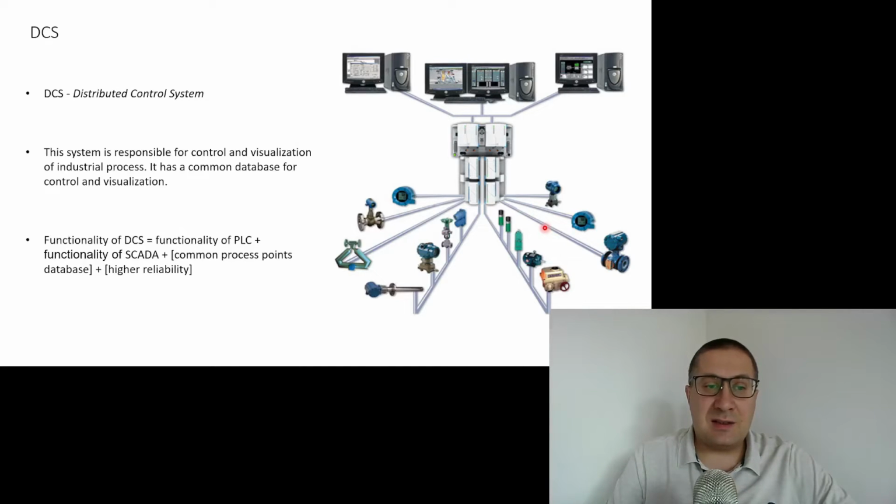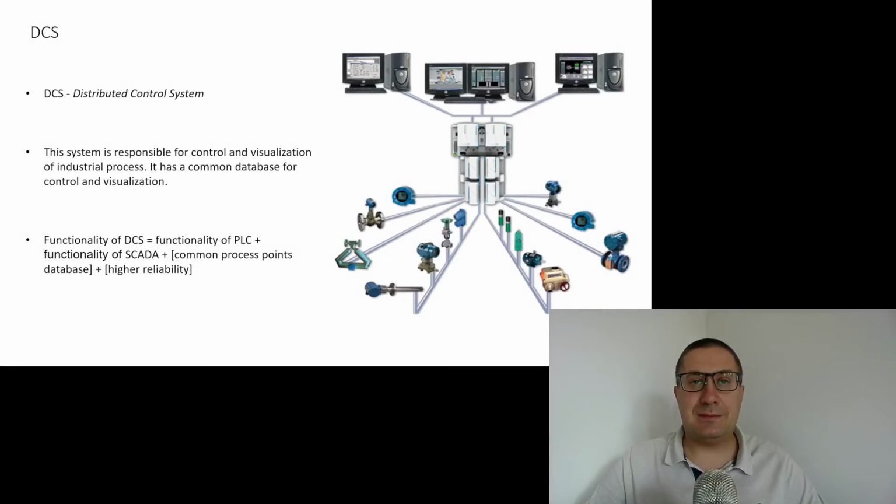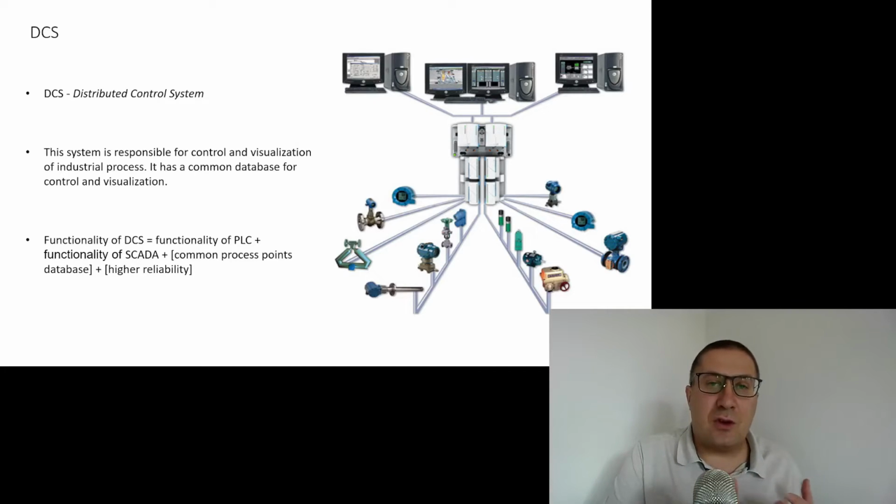Okay, and now let's go back to the DCS system. So the distributed control system is responsible for control and visualization of technical processes. In comparison to this PLC SCADA approach, we can say that it has a common database for control and for visualization.